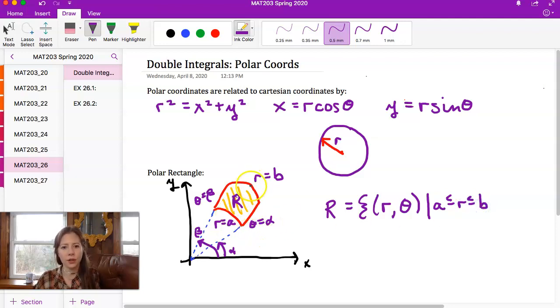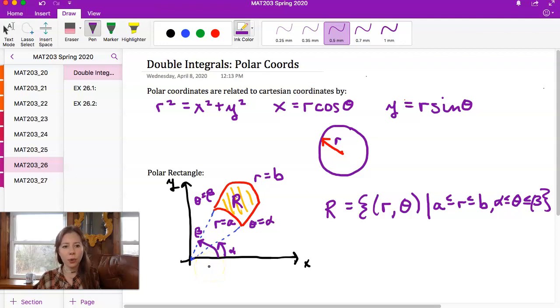Okay, so those are our limits on the radii. a is the inner and b is the outer. And alpha is less than or equal to theta is less than or equal to beta. Okay, and those are the limits on the angles swept out. So there's alpha and there's the extent of beta.